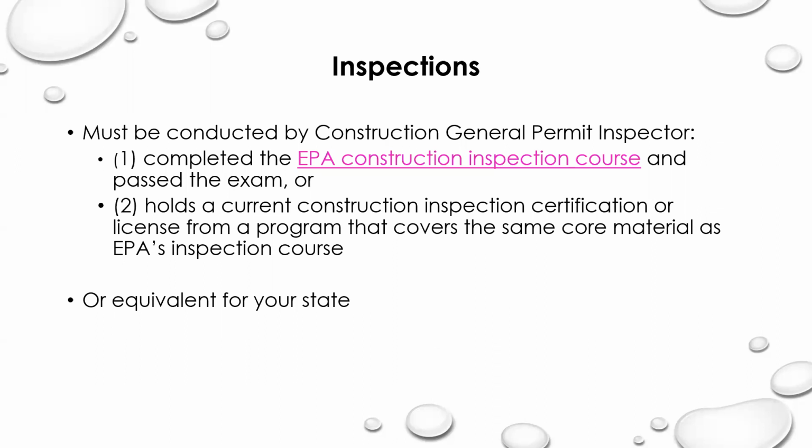There's equivalence within your state. So for Alabama, we have qualified credential inspectors or qualified credential professionals. So a credentialed inspector can survey construction sites, but any reports related to it have to be filled out by a qualified credential professional, which is typically a professional engineer, professional geologist, something like that, that can actually sign off on kind of technical reports.